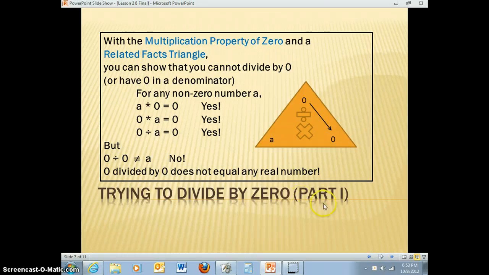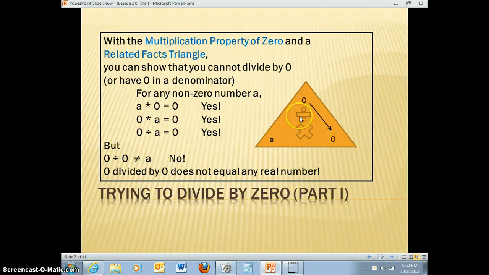Here's part 1, and we're going to have part 2. Part 1 says, what if I put 0 in here as the product, up here at the top? Well, that means a times 0. Cool, that gives me 0. It works when I'm going up. 0 times a. Yeah, that works both directions going up. No kidding. Okay. How about if I go down? I have 0, and I divide by a. Actually, that works. 0 divided by 7. If you can picture that as a fraction, that's 0 over 7.